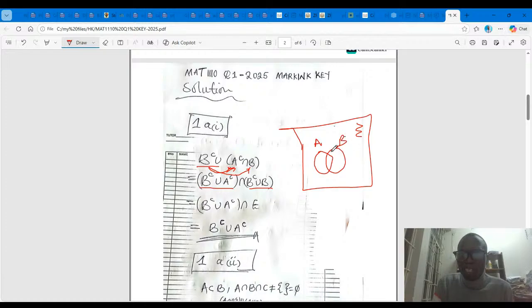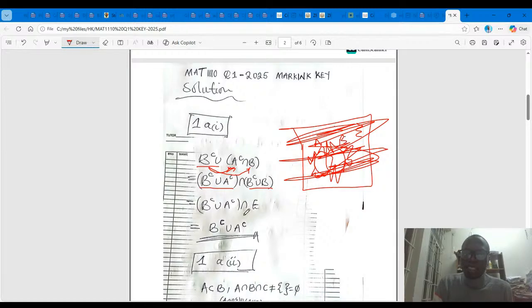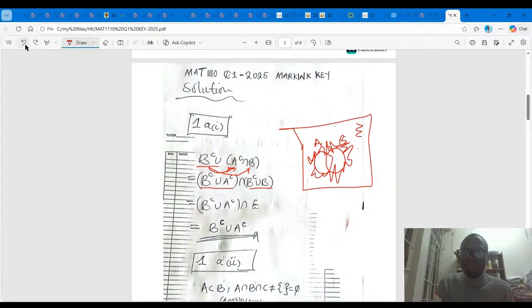So B complement is what is outside here, and union A complement, meaning you are talking about something that is outside these two sets. Now, when you intersect that with everything that is in this set, you see that they will only intersect outside A and B, which is actually B complement union A complement. So that is how we have got this answer here.